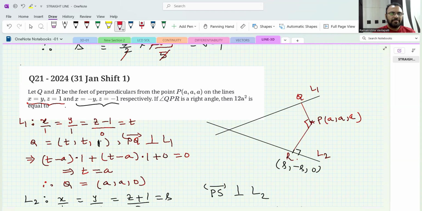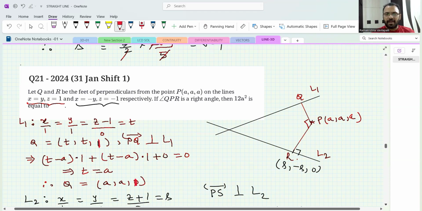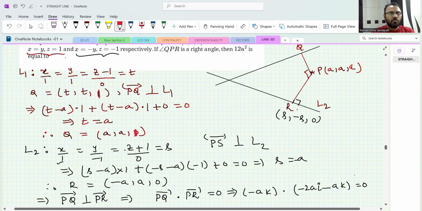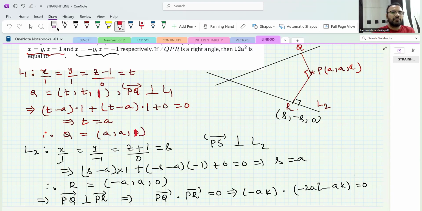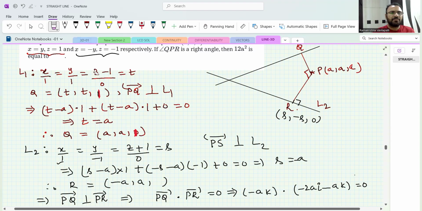Very big mistake I made here. So now the point Q is (a, a, 1). Now what is the point? Here you will get minus 1.